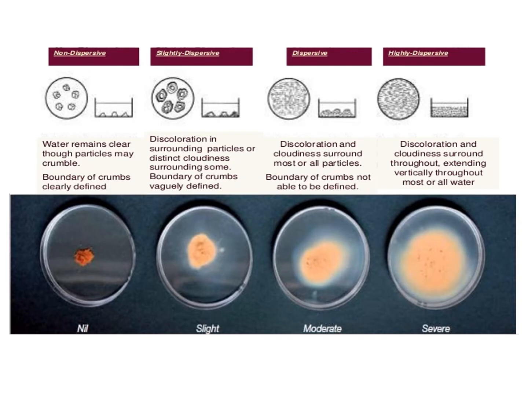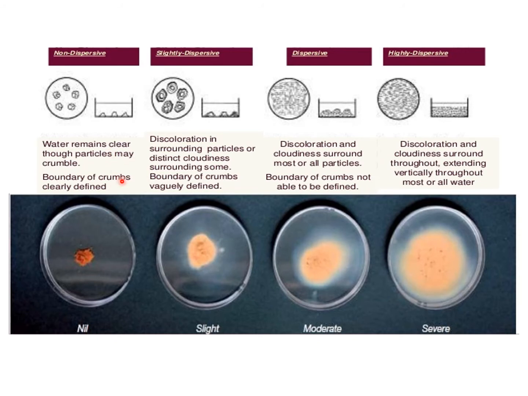Well, if you just look at this particular slide, here you can see the 4 grades. Again, this is the grade 1, 2, 3 and 4. So nil, slight, moderate, severe.